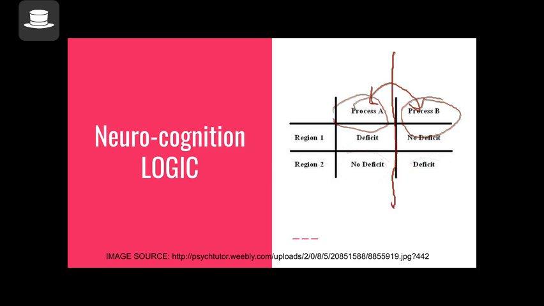We'll make sense of three specific terms in the next few slides: association, dissociation, and double dissociation.